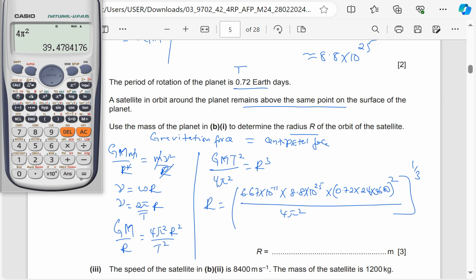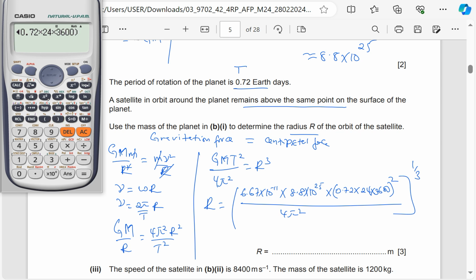What have I left out? I'll have to repeat this. G is 6.67 exponent minus 11 times 8.85 exponent 25 times 0.72 times 24 times 3,600.